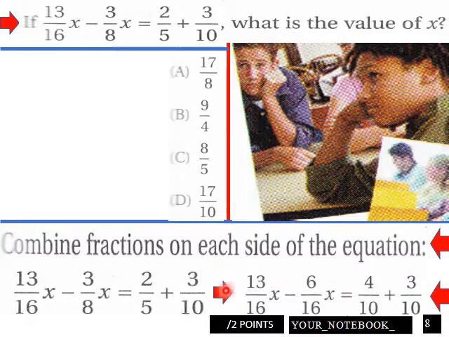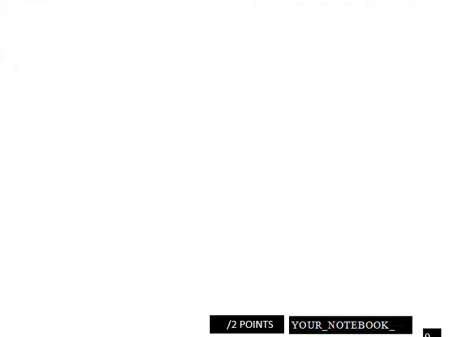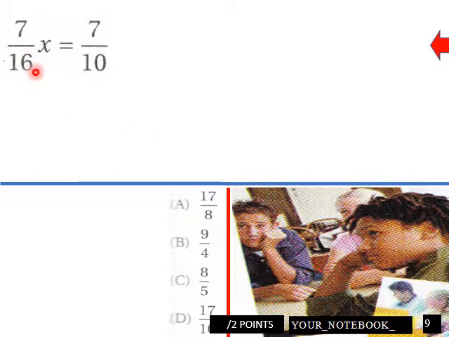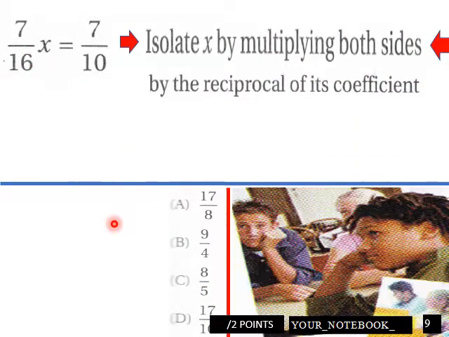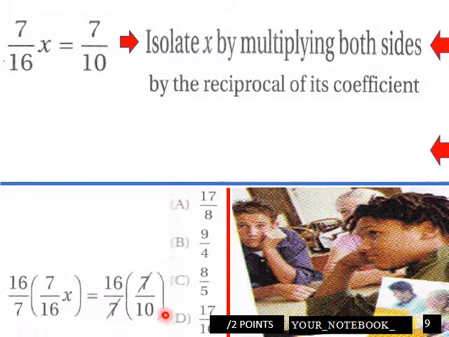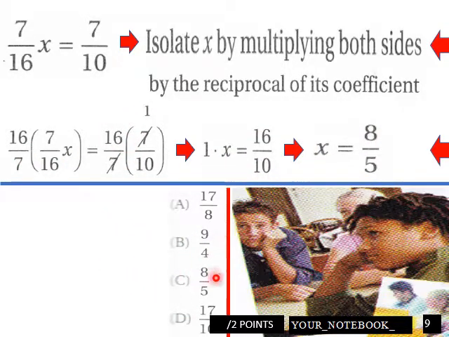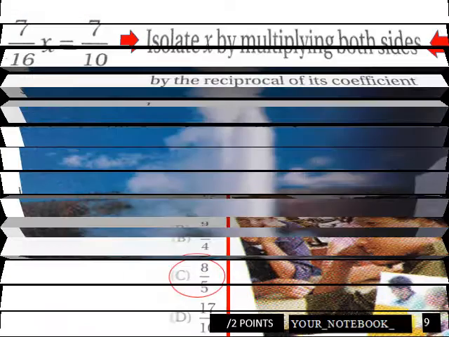We put this in tenths, so we can make these common denominators. Seven 16ths x equals 7 over 10. Isolate x by multiplying both sides by the reciprocal of its coefficient, so 16 over 7 on both sides. We cancel out here. We get x equals 16 over 10, x equals 8/5, so it's right here. So that would be the way that you would solve those conditions.